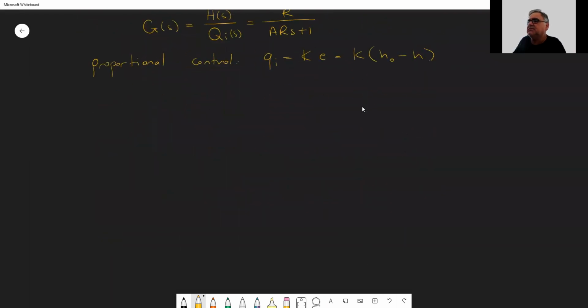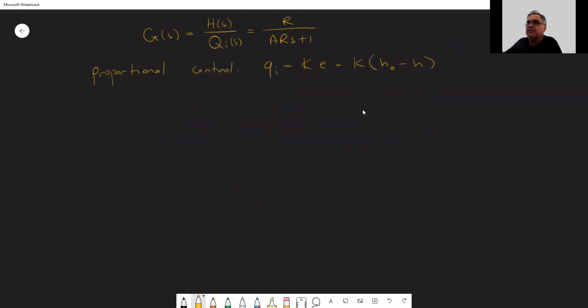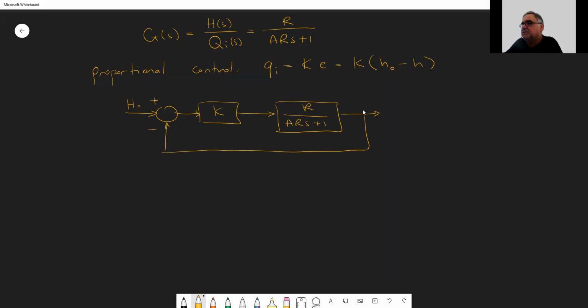So the control system we have will be the following. This is H0. This is K. H is somehow measured. Okay.